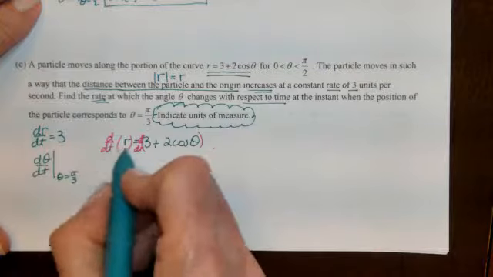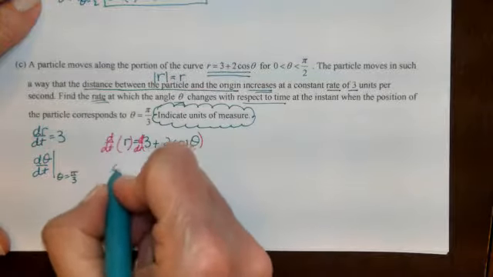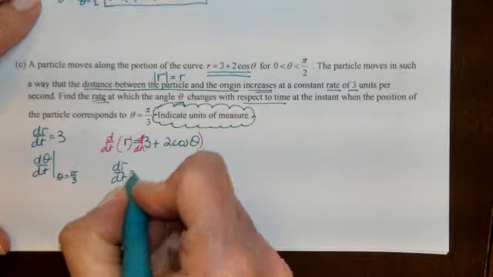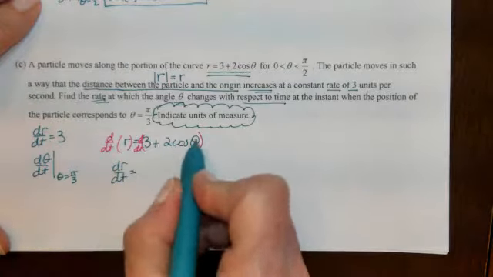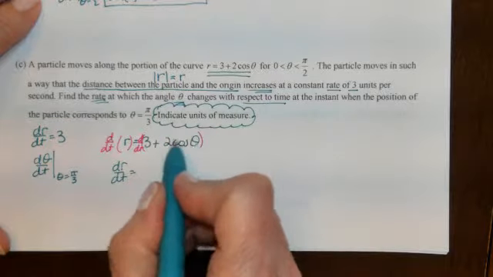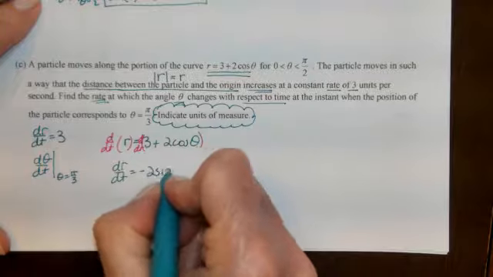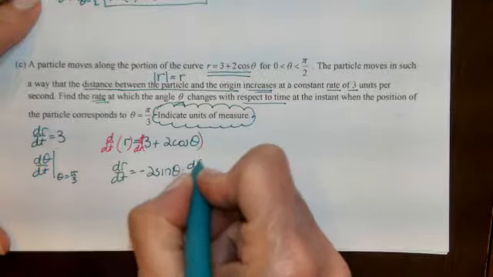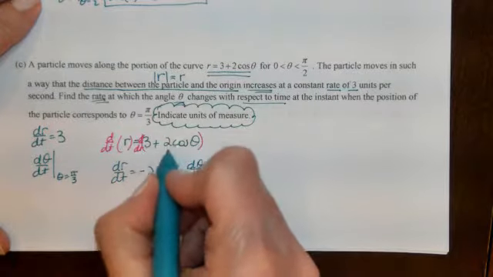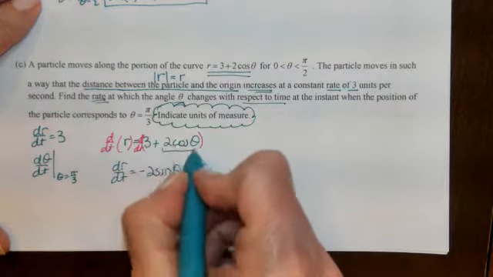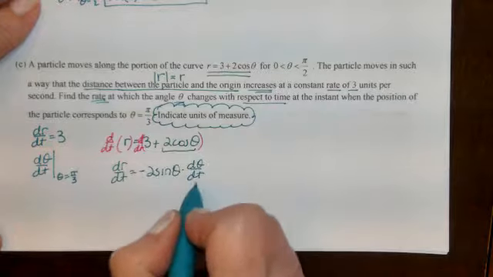On this side, the derivative with respect to t of r is dr/dt. The derivative of 3 with respect to t is just 0. The derivative of 2 cosine theta with respect to t is -2 sine theta times d theta/dt. It's a little chain rule in there. So chain rule, we first take the derivative with respect to theta, and then we multiply by d theta/dt.